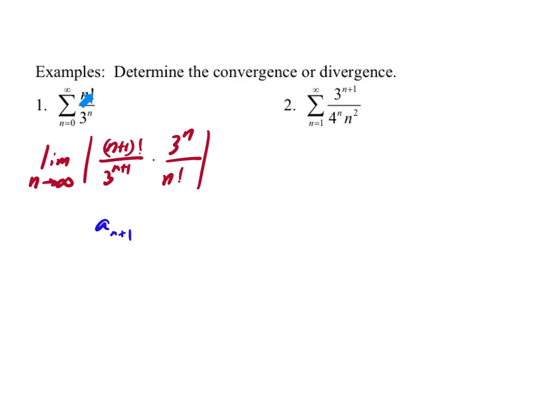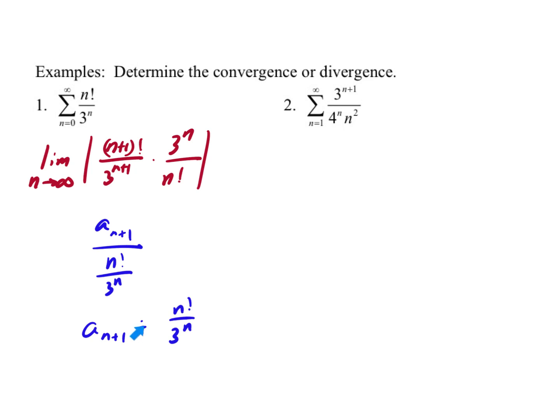So instead of n factorial, it's n plus 1 factorial. Instead of 3 to the n, it's 3 to the n plus 1. And on the bottom, what I really have is n factorial divided by 3 to the n.